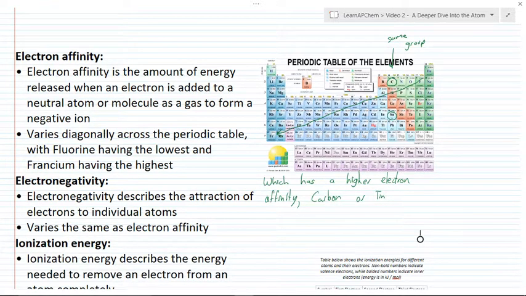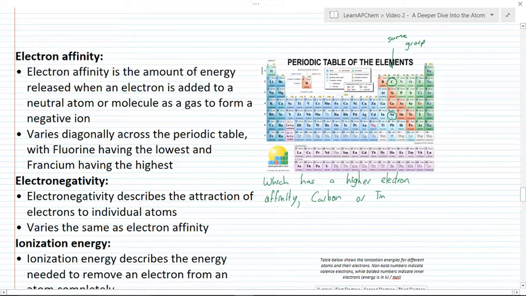In addition to going left giving higher electron affinities, as we go down, the same thing is true. So tin, although it's in the same group, is in a lower period than carbon.